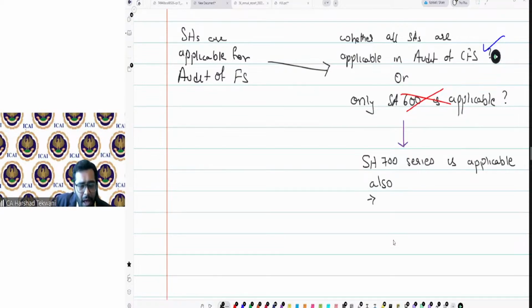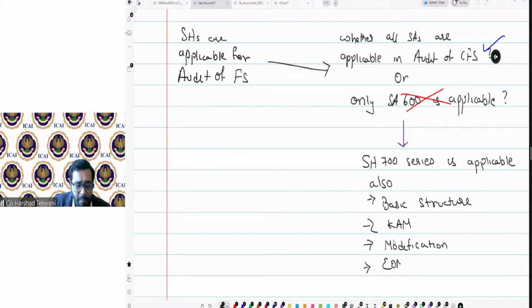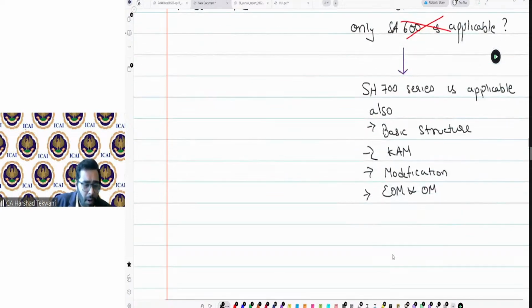SA 700 talks about the basic structure of the audit report. 701 talks about key audit matters. Then I have modification related requirements also applicable. Then I have EOM and OM paragraphs also applicable. I have responsibility with respect to the corresponding figures.